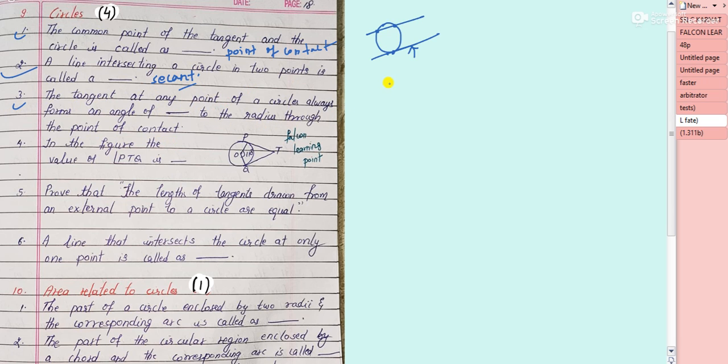Remember that also. Next, the tangent at any point on a circle always forms an angle of dash to the radius through the point of contact. So if this is radius and this is tangent, it always forms an angle of 90 degrees. Remember, radius and tangent together at a common point form an angle of 90 degrees. Next is in the figure the value of PTQ. So remember these two angles, they are forming a quadrilateral.